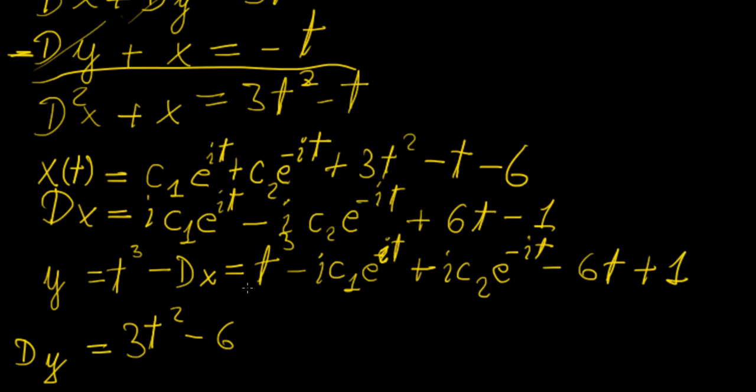And this is going to be I times I, that's I squared. I squared is minus 1, but then it is times this minus here, so that's going to be plus. And the same thing happens here. We're going to have a plus c2 e to the power of minus it. So that's going to be dy.